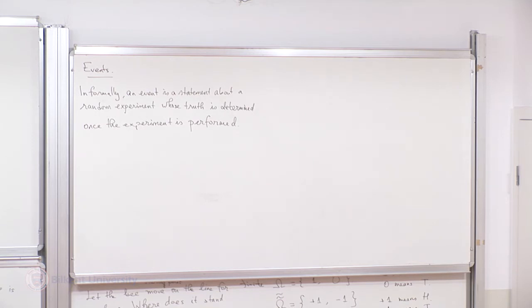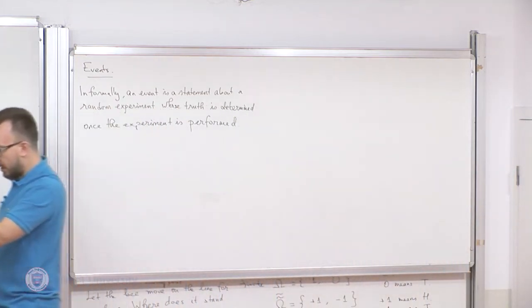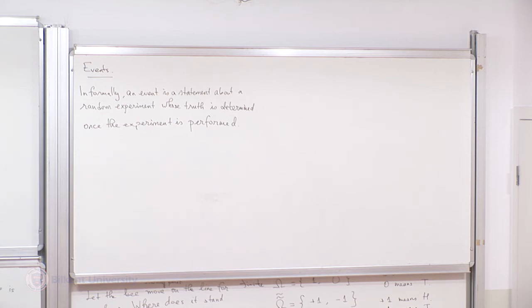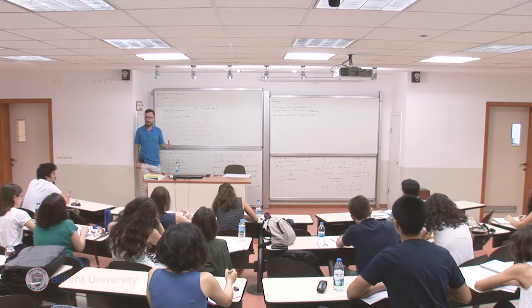So maybe in the setting of throwing a die, for instance, the statement that I get a prime number on the face is an event. I get a prime number, or I get an odd number, I get an even number.